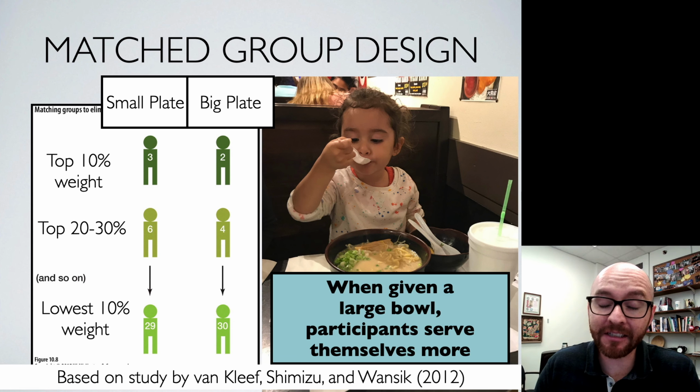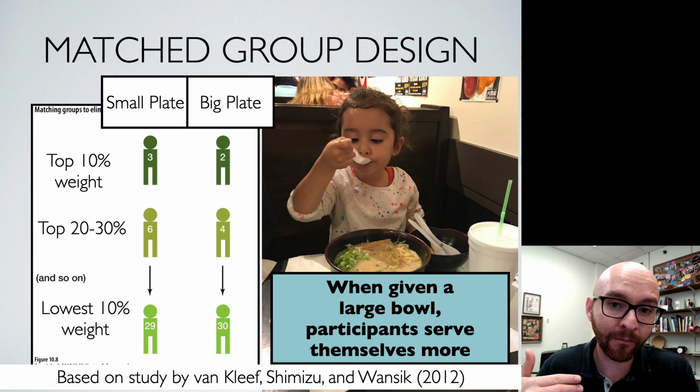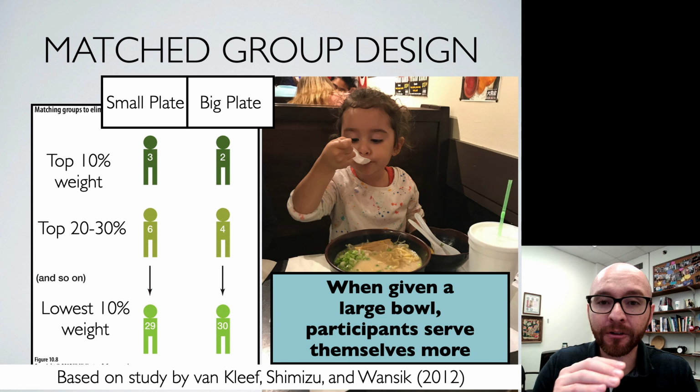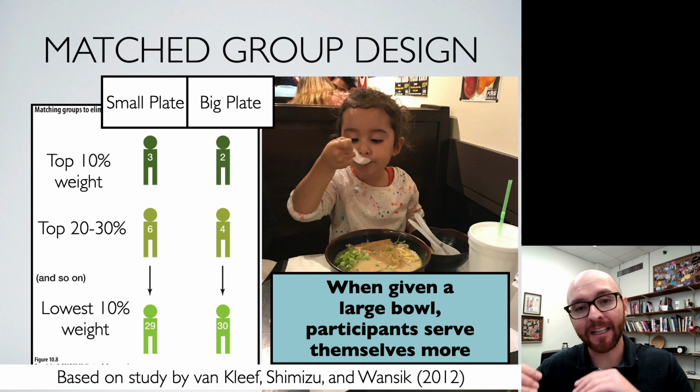Now, if you carried out this experiment, yes, it kind of would be awkward, but you don't have to make it awkward. People just weigh themselves on the scale, get their weight. They wouldn't know how you're grouping them, but you do have to reveal what you're studying at the end. But putting that aside, you would group people into the top 10% in terms of their weight, the top 20 to 30%, and you would keep going creating these groups until you get to the lowest 10%.